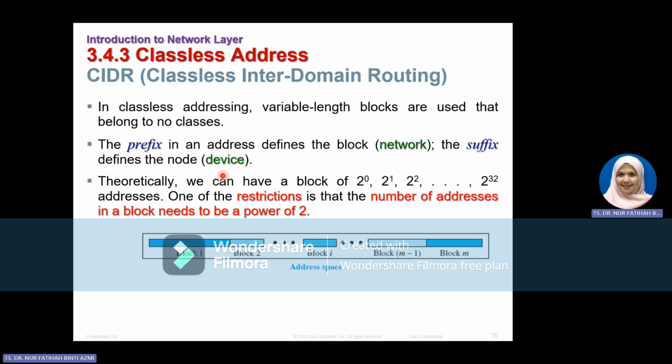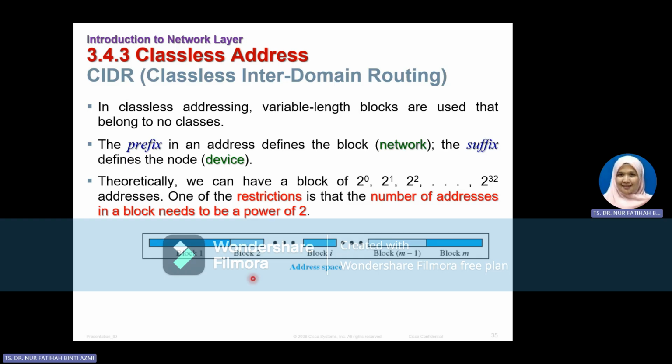So this is more efficient and flexible. This diagram shows several blocks: block 1, 2, block I, block M, and the blocks are not the same size.